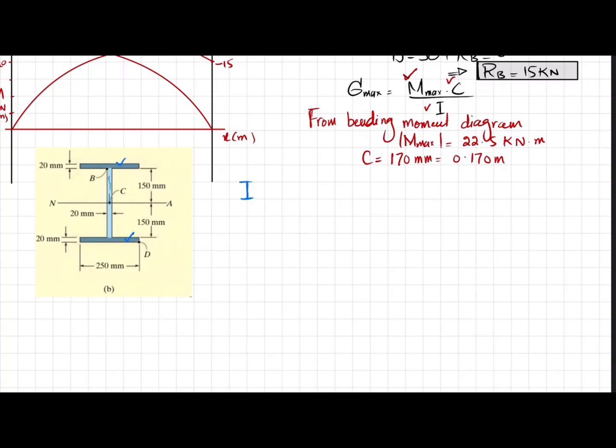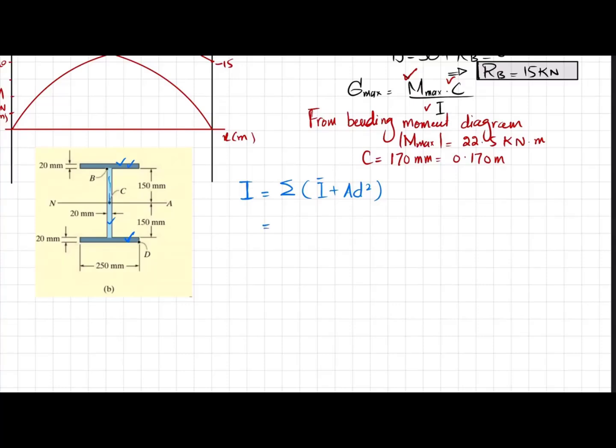So I will write the formula by using the parallel axis theorem. It will be equal to I bar plus AD square, the sum of inertias of each element. So we have three. One is this one, second is the web, and third one is this one.